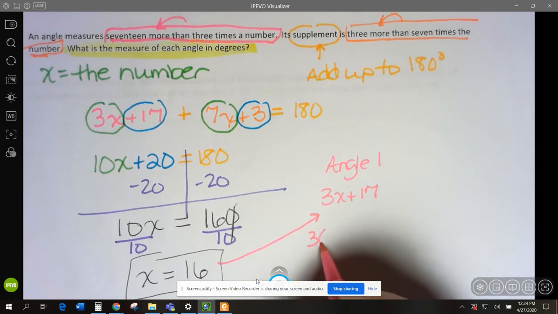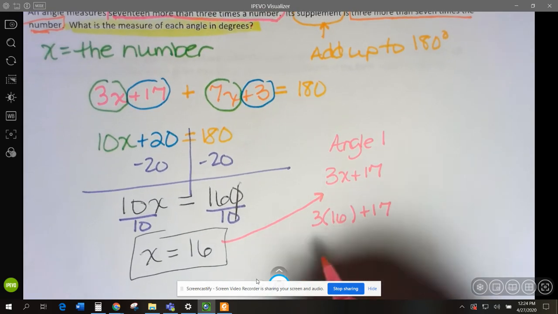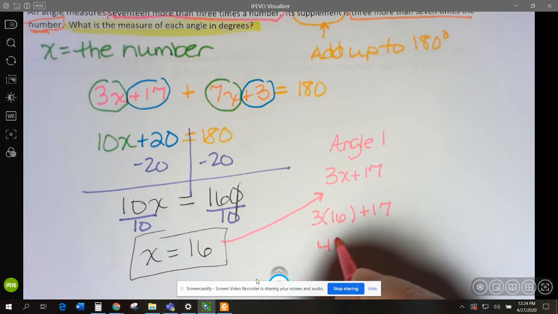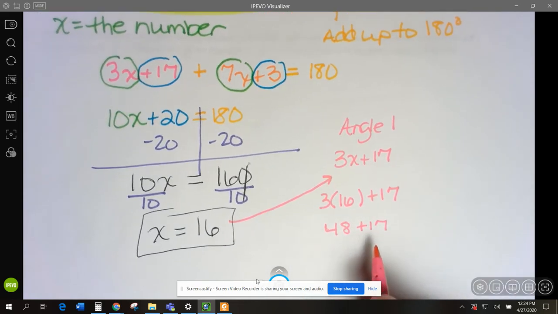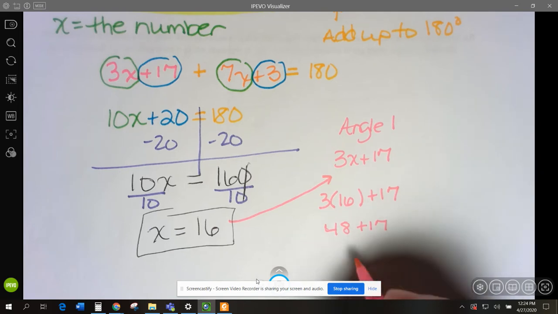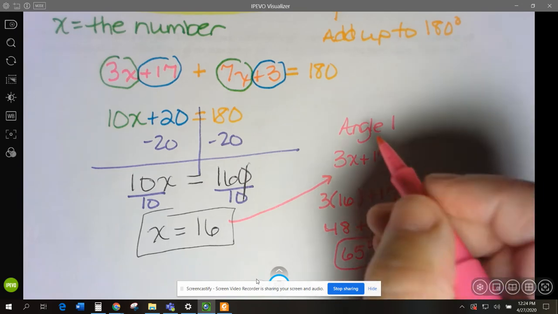3 times 16 plus 17. 3 times 16 is 48 plus 17. 48 plus 17 is 65. So angle 1 is 65 degrees.